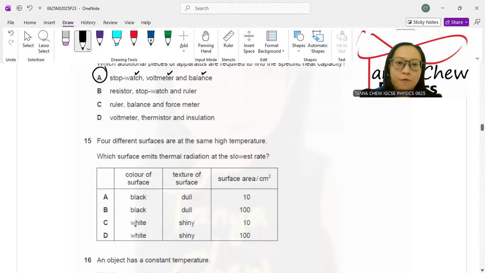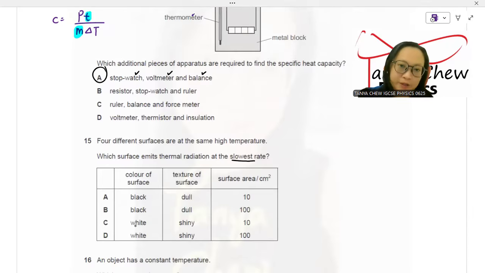Number 15, four different surfaces are at the same high temperature. Which surface emits thermal radiation at the slowest rate? Slowest rate, surface area must be the smallest. Texture must be shiny. Why? Because shiny surfaces reflect most of the heat.